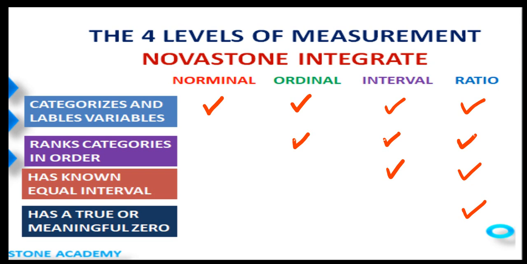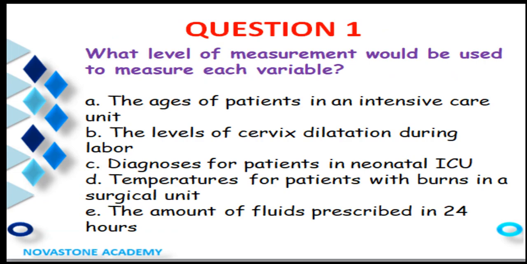Now let's talk about the other questions. So we have a question with us. What level of measurements would be used to measure each variable? A is the age of patients in an intensive care unit.